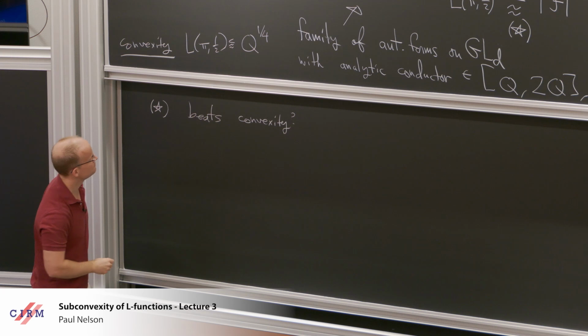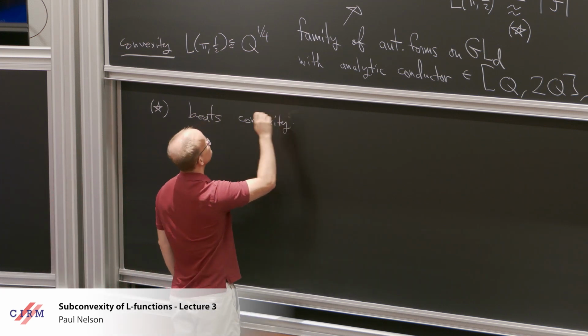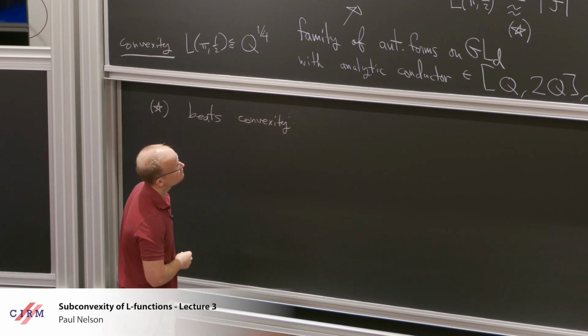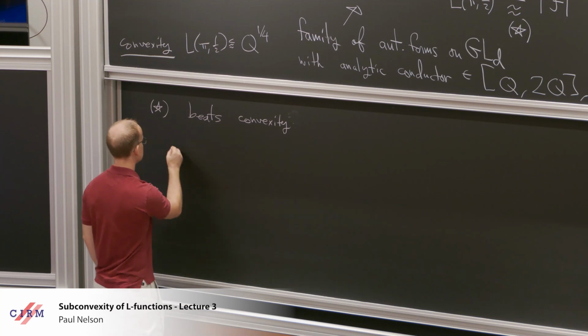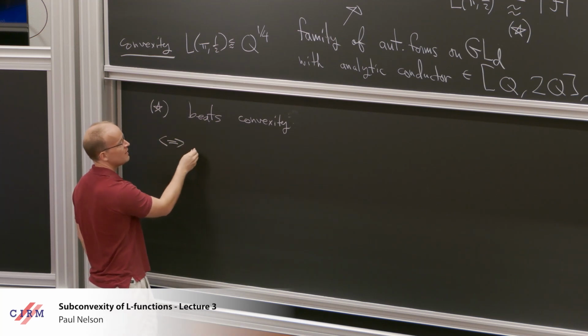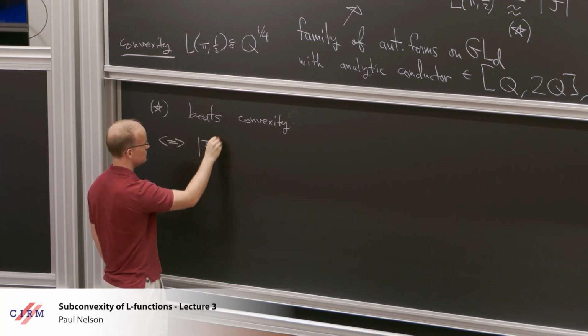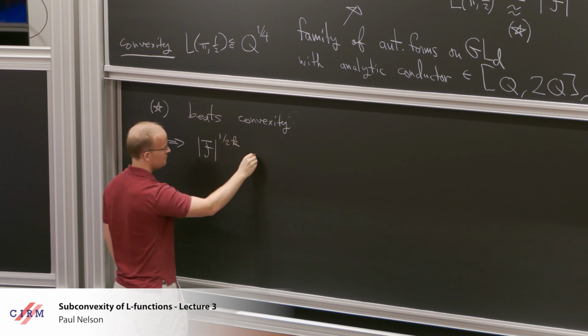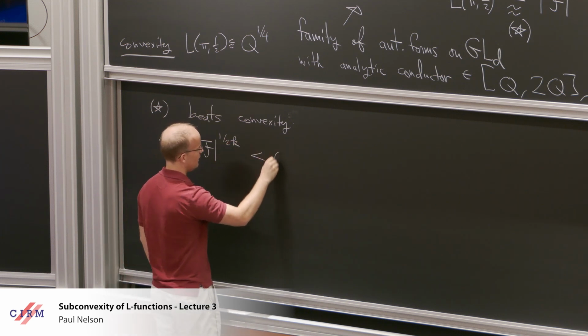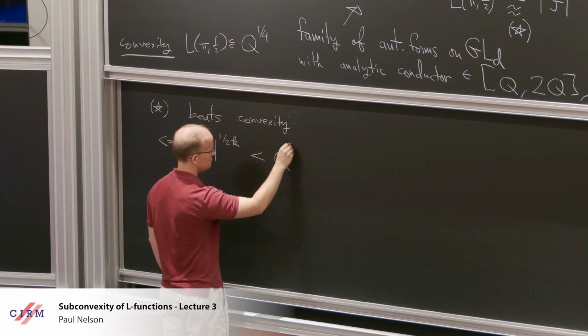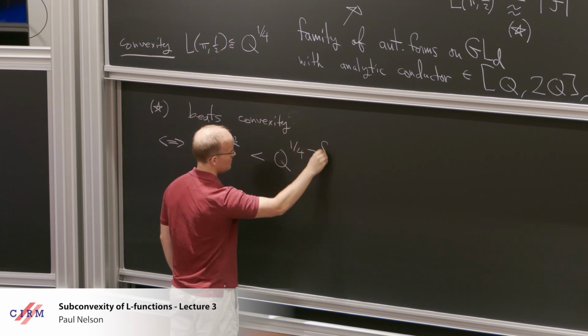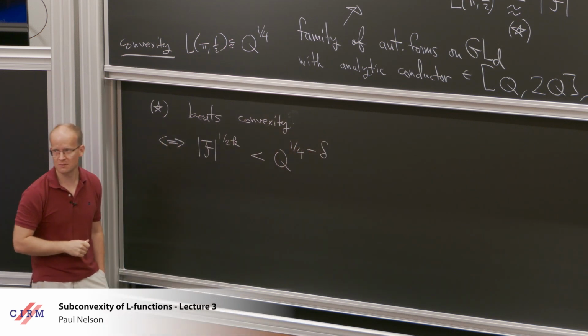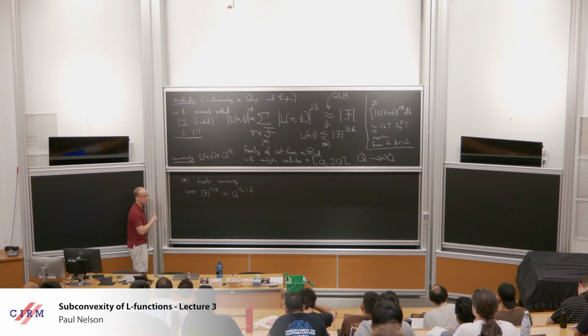So for that estimate to be better than that estimate, what we need to have is that the family size to the 1 over 2k is, say, bounded by q to the 1/4, maybe minus delta, because we always care about saving an exponent rather than something smaller.